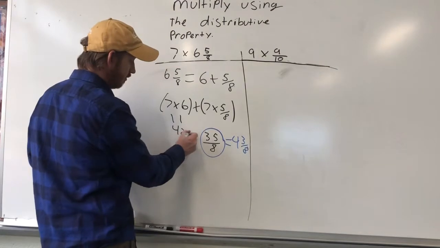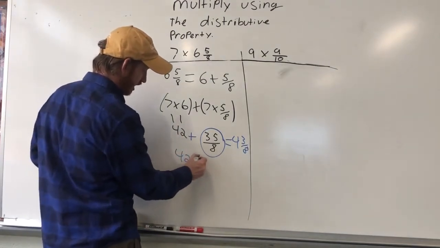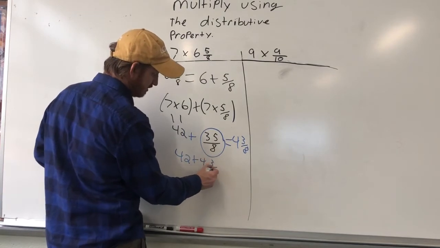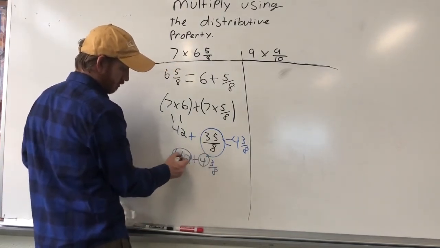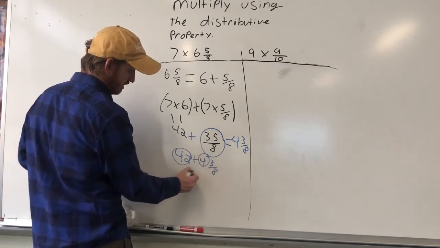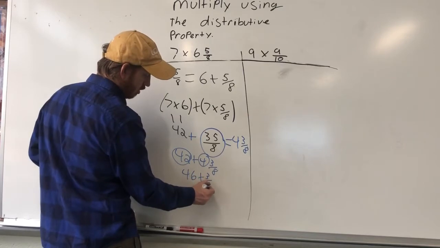So now I have 42 plus 4 3/8. 42 plus 4 is 46 plus 3/8.